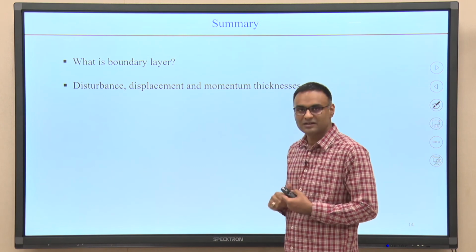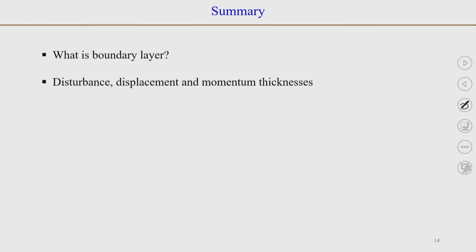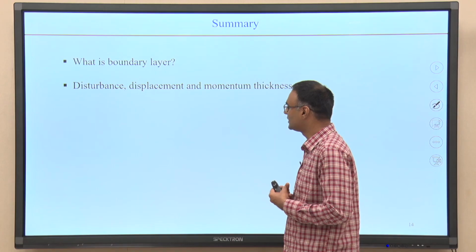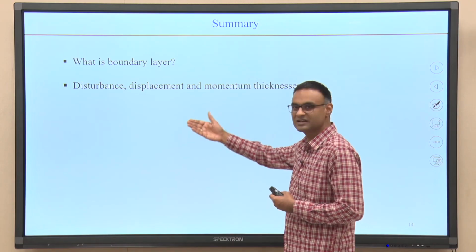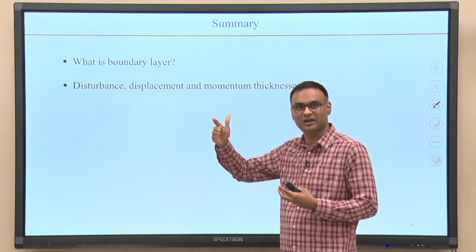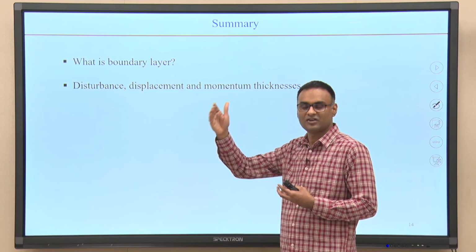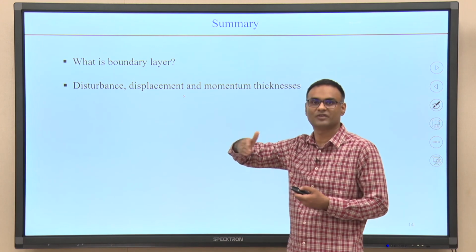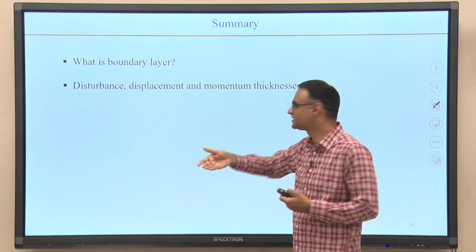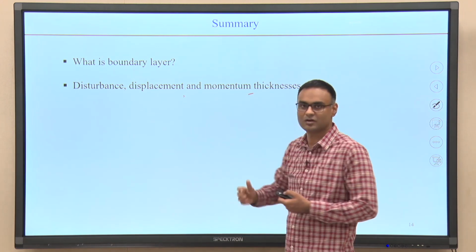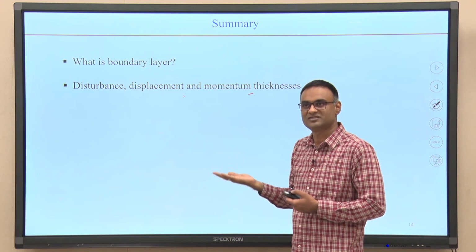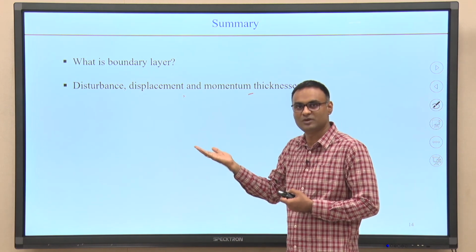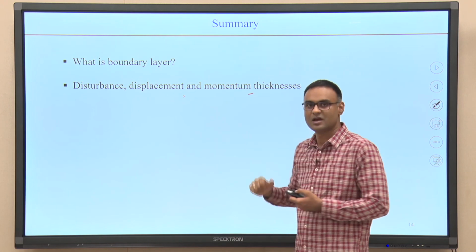We also looked at different ways to represent or estimate the thickness of boundary layers. So, disturbance thickness, which was simply the distance at which u becomes u∞, then displacement thickness, when we take into account the mass deficit, and momentum thickness, the distance by which the plate can be moved to take into account the reduction in momentum deficit.